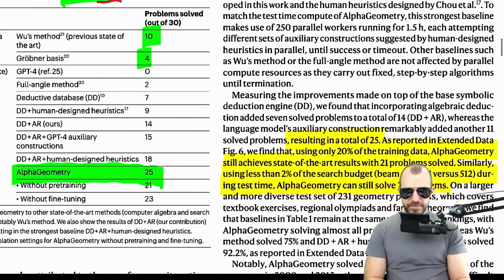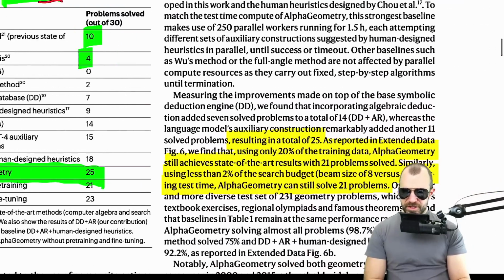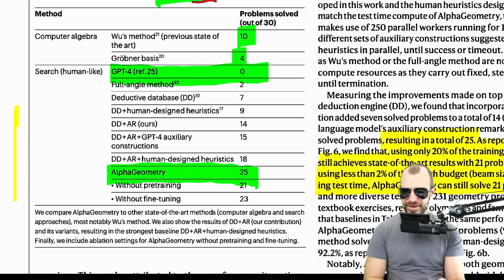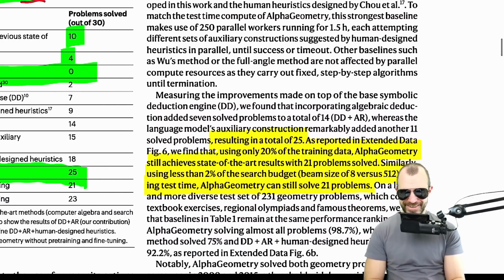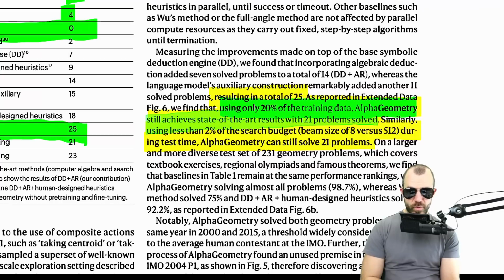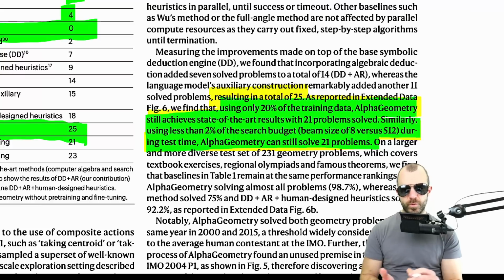They also do some ablation here. The funny part is, they say if we only use 20% of the training data, AlphaGeometry still achieves 21 problems solved. Similarly, if we only use less than 2% of the search budget, so a smaller beam search during test time, AlphaGeometry can still solve 21 of the 25 problems.